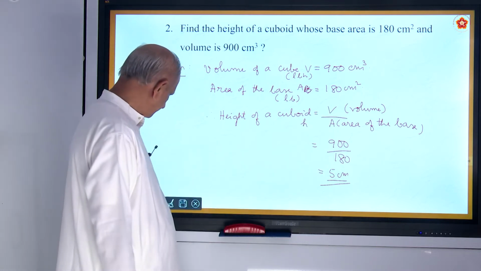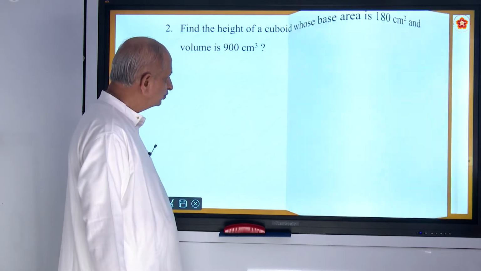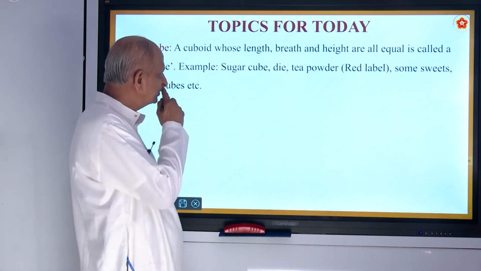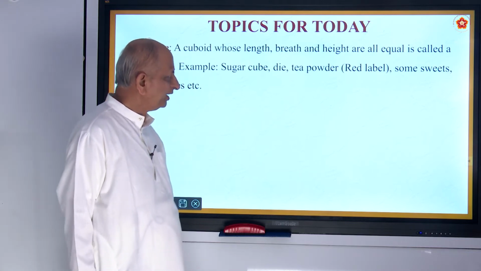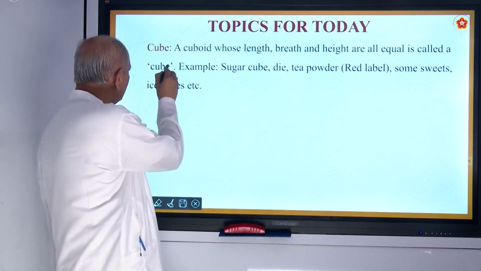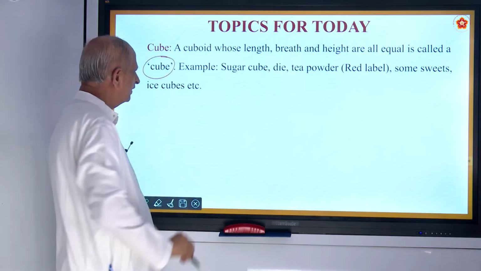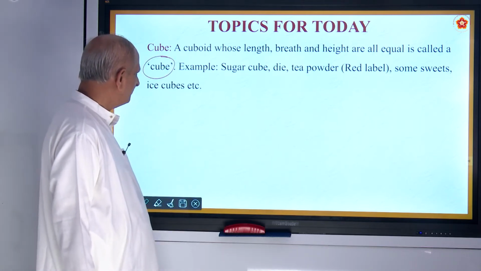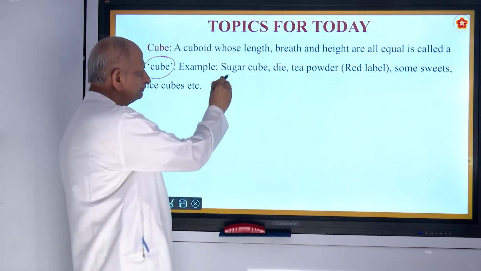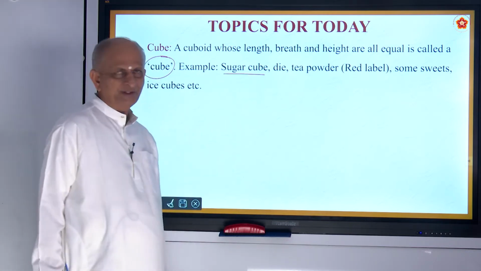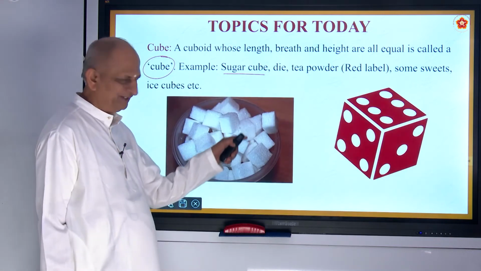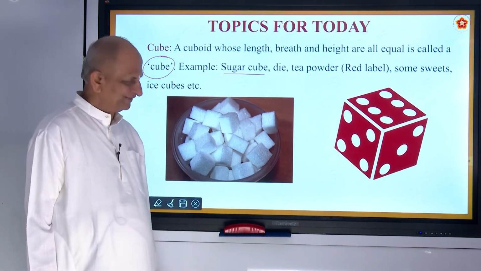Okay. Now coming to today's topic. A cuboid whose length, breadth and height are all equal is a cube. Now we are talking about cube. Example, sugar cube, die. You have seen sugar cubes? Yeah.